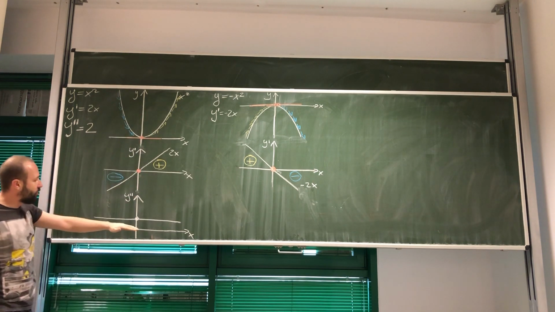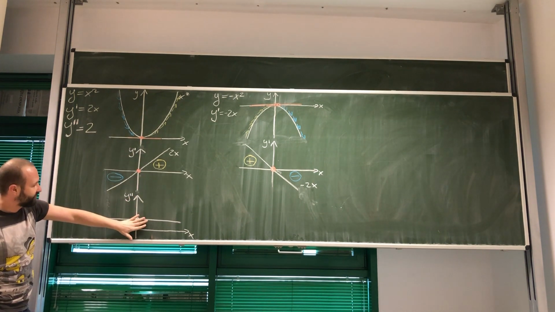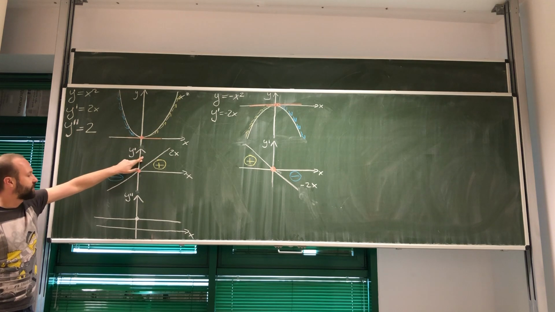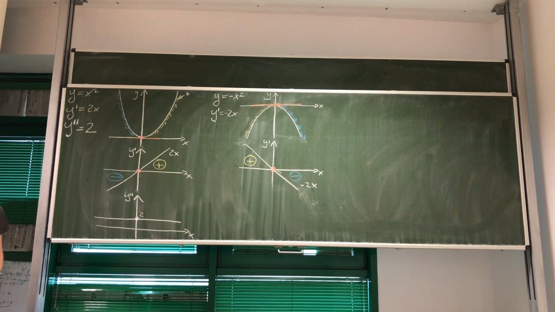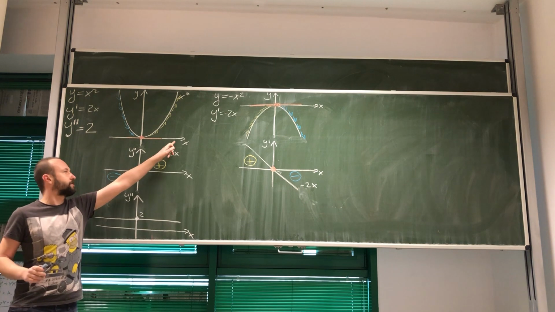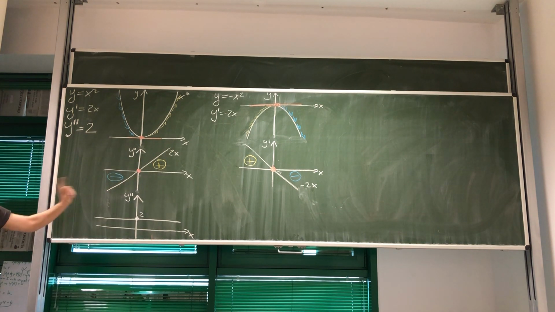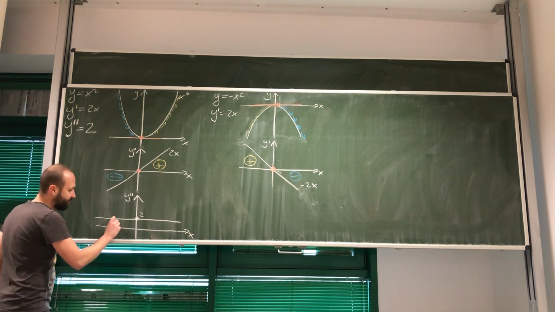Let's just say that we are only discussing this function, which is a derivative of this function. So what does it do? This function actually measures the slope of this function. And look, the slope is constant over here.